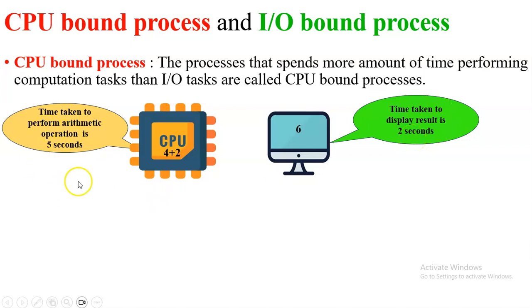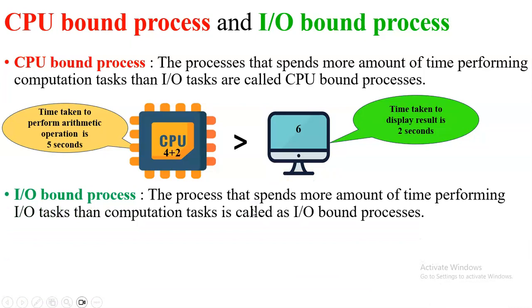Now the computation task time taken is 5 seconds, which is greater than that of the input-output task, that is to display it on the screen. So this is a CPU bound process because the time taken for the computation task is greater than the time taken by the input-output tasks.